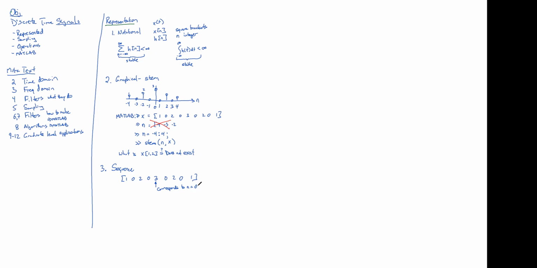And the fact that we can write a discrete time signal as a sequence is why you're learning about it right now. Everything in digital signal processing in general, with few exceptions, is trickier than in continuous time.